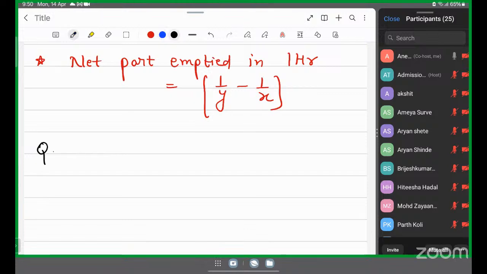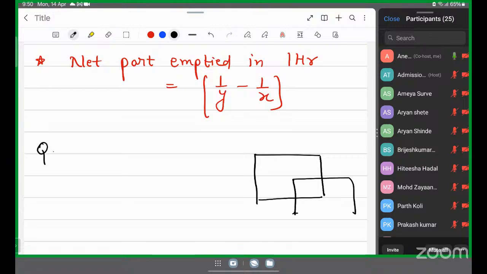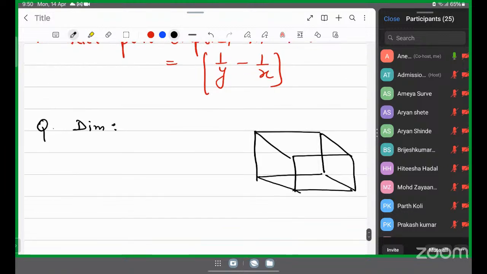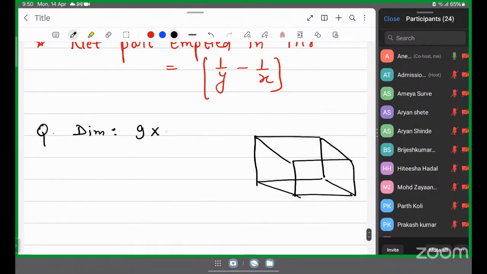Let us consider an example. A tank 9 feet by 5 feet by 2 feet. So there is a tank which has dimensions 9 feet by 5 feet by 2 feet, which means the tank is cuboidal.